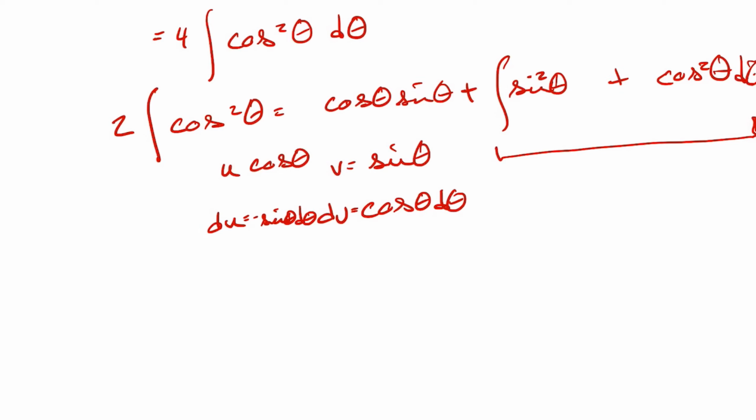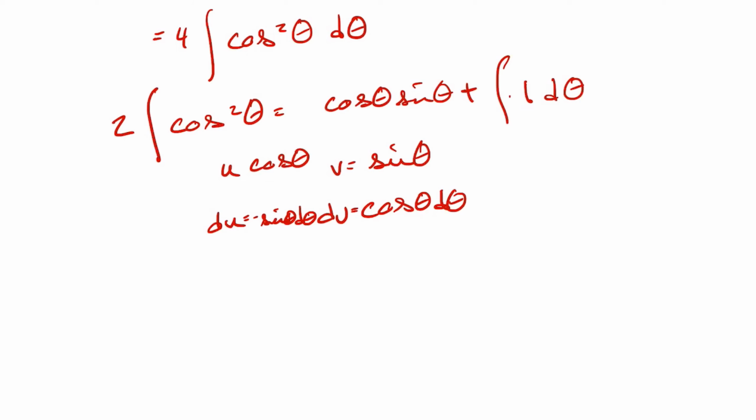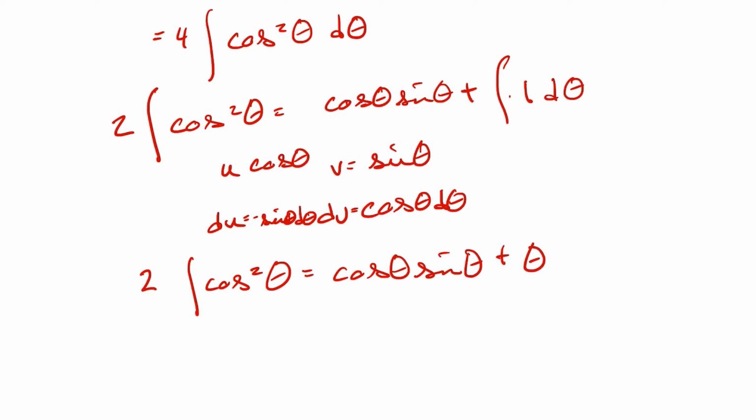And that's actually just equal to the integral of 1 d theta. Alright, so that means that 2 times the integral of cosine squared theta equals cosine theta sine theta, and then the integral of 1 d theta is just theta plus c.